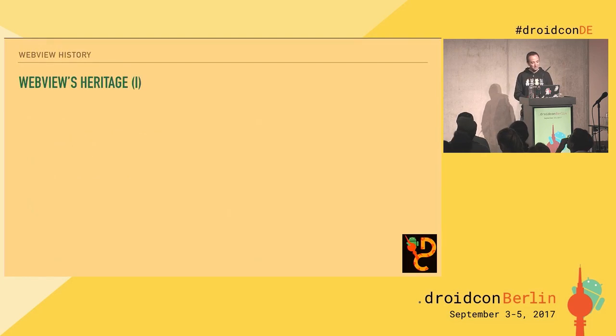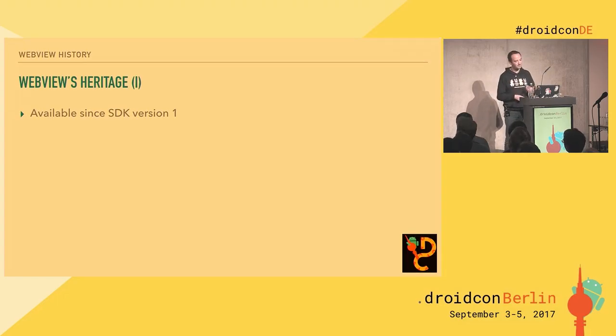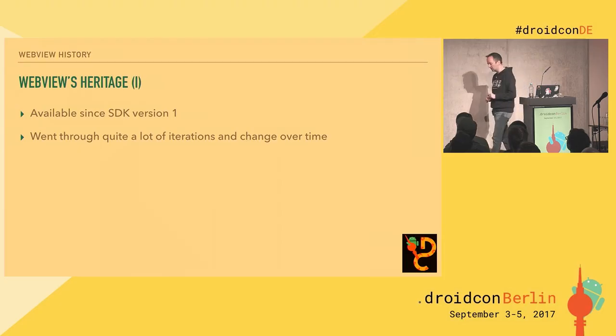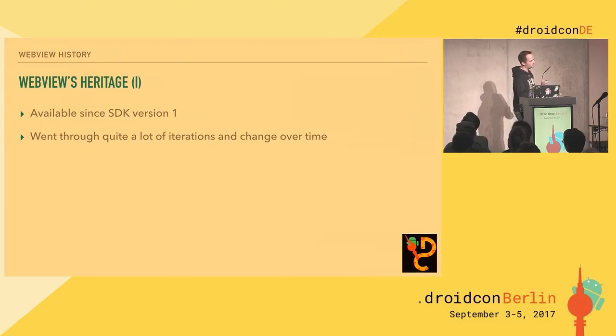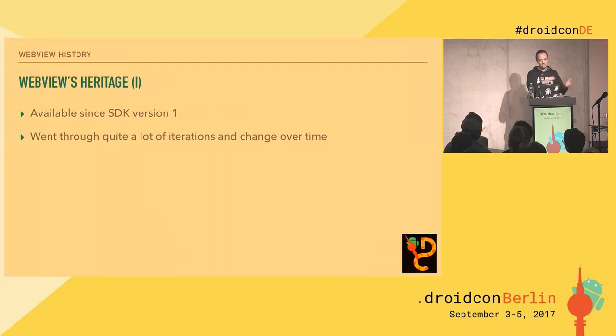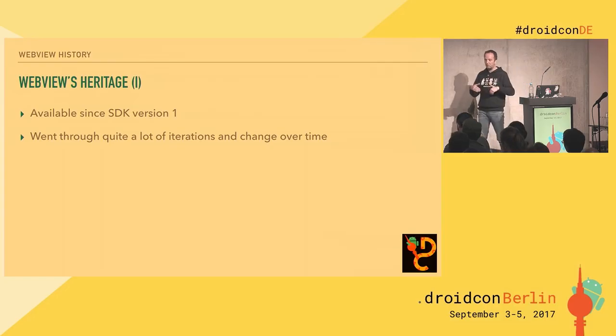So looking at the Webview and its heritage, it's a really old component. It's been around since forever, literally, in SDK version 1. But it had a lot of iterations over time. And the most well-known and common iteration is probably around Android 4.4 to Android 5, when Google decided to replace the Webview with Chrome.